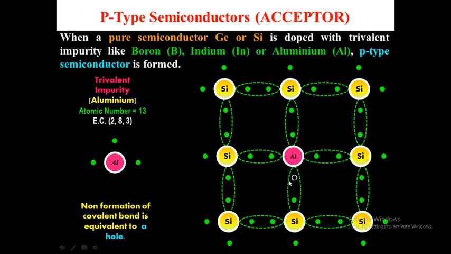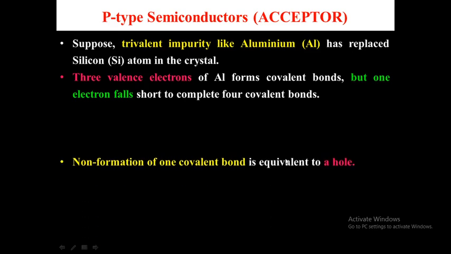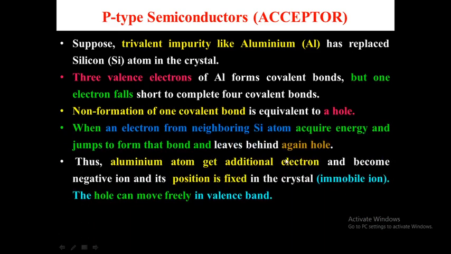Hence aluminum is accepting the extra electron, so aluminum is known as an acceptor atom. The aluminum atom gets an additional electron and becomes a negative ion, and its position is fixed in the crystal. Hence it is known as an immobile ion, and the hole can move freely in the valence band.